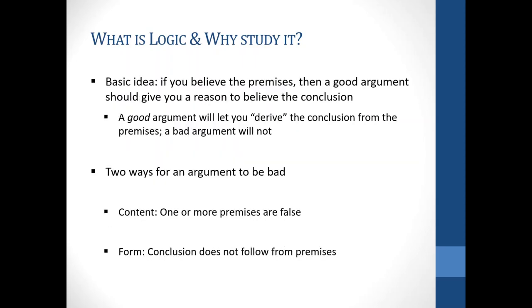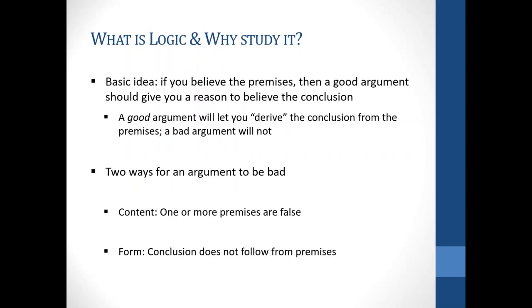Well, here's a basic thought. A good argument is such that if you believe the premises, if you buy them, if you think they're true, then the good arguments will give you justification, rationale, for also thinking that the conclusion's true. So a good argument's one where you can somehow get to the conclusion, or justify the conclusion, from the premises.